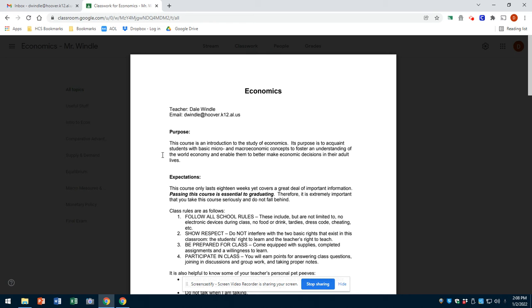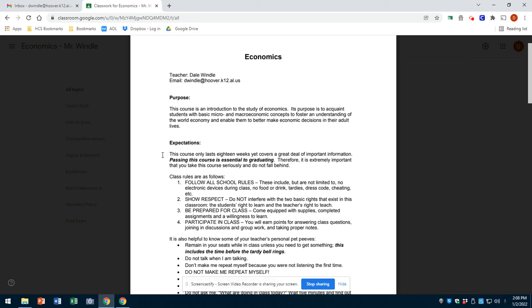I personally, as an econ teacher, feel that econ is even more relevant. Government's important, but you can choose to not participate. It's not recommended, but you could. But pretty much you're all going to work for a living and live in the economy, and there are some important things to know. So we've got 18 weeks to cover a bunch of information.